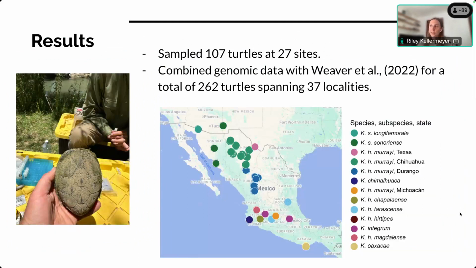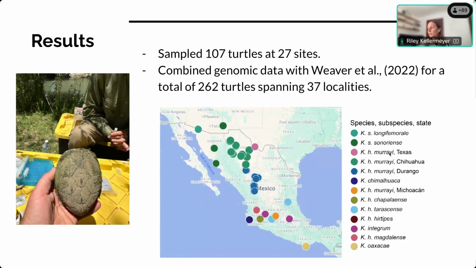So over about 2 years, we managed to catch 107 turtles at 27 sites, largely in Chihuahua and Durango. We took the genetic data from these 107 turtles and combined it with our previous study published in 2022, and now have the genetic data for 262 turtles across 37 localities.